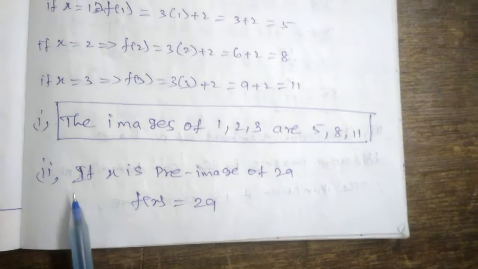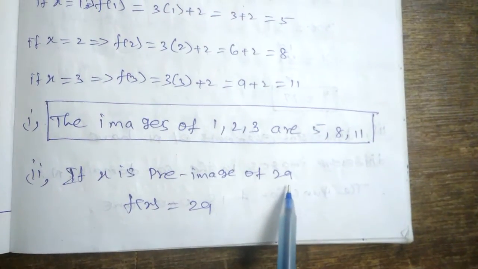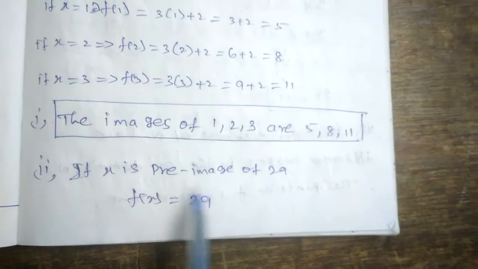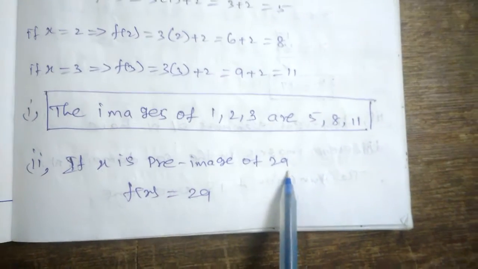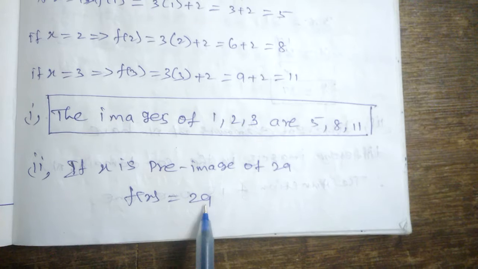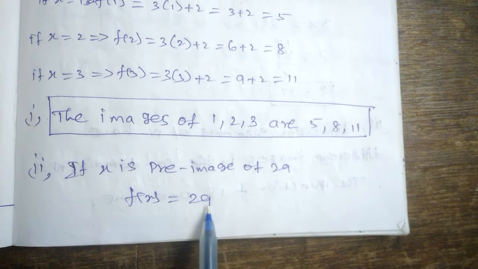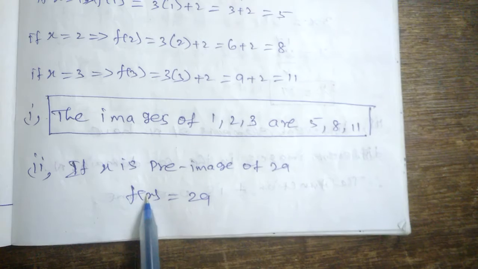The second one: if x is the pre-image of 29, then f of x equals 29.